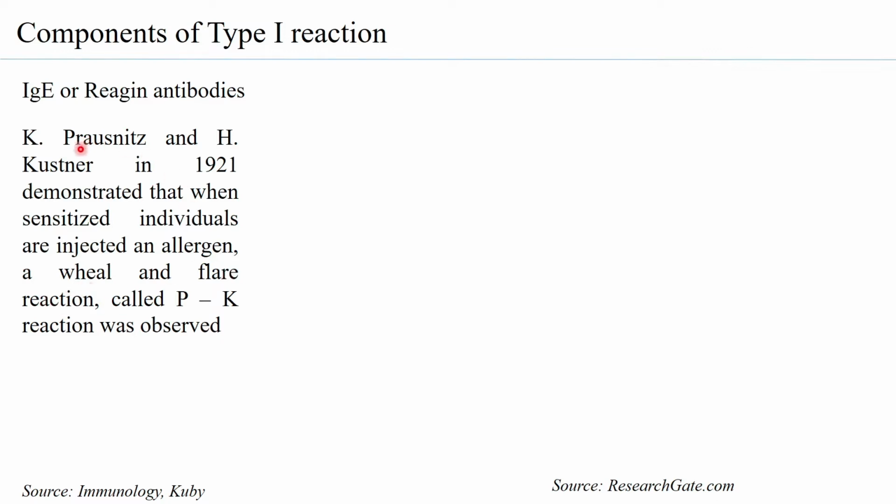Because they were the scientists who found this reaction, it was called the PK reaction. Wheal is swelling, an edematous region, and flare means redness. One can see immediately, because of a certain allergen, swelling and redness happening, and this confirms that there is an allergic or hypersensitive reaction.